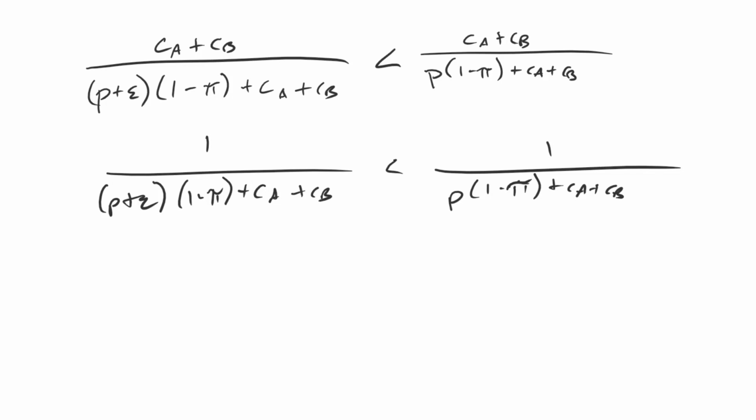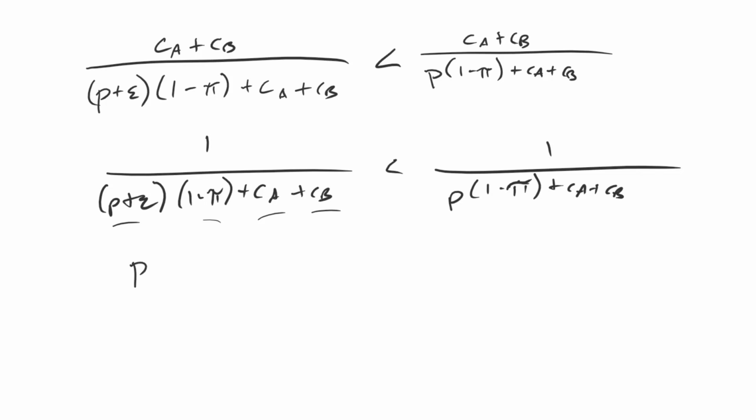Now we can move both of the denominators to the other side. Both are positive quantities, because π is a number between 0 and 1, so 1 − π is positive. Everything here is positive, so we don't need to flip the inequality.